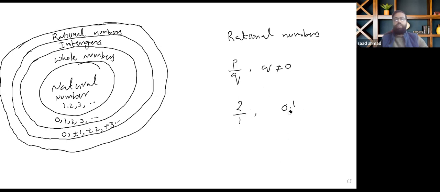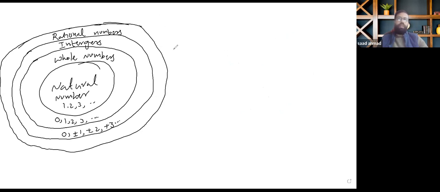But then we thought, okay, we got all the numbers that we needed, but there were some numbers which could not be written like this. We were unable to write them in p/q form, like square root of 2. It's a decimal number which is never ending and never recurring.